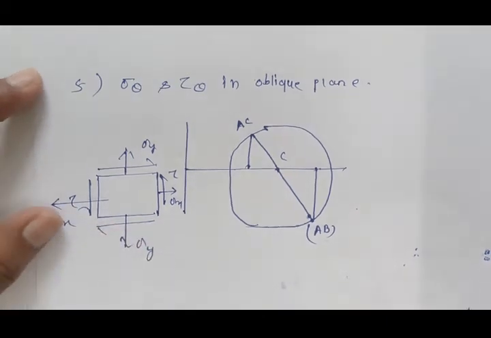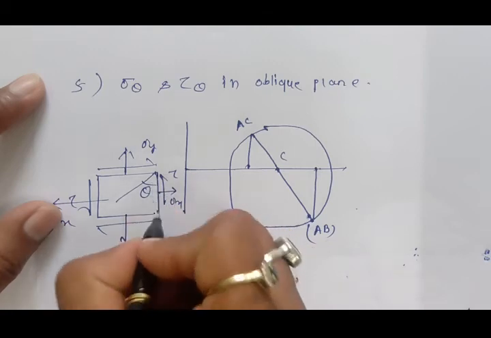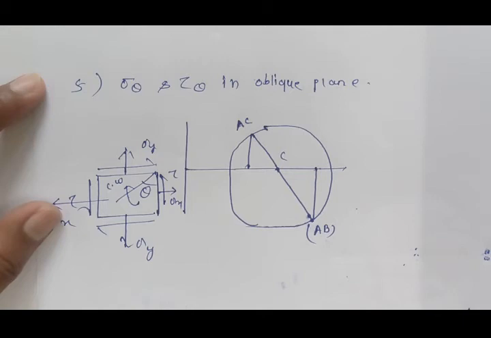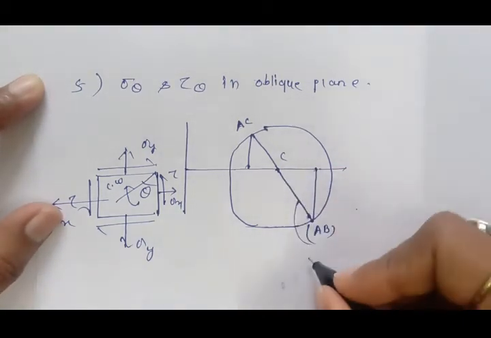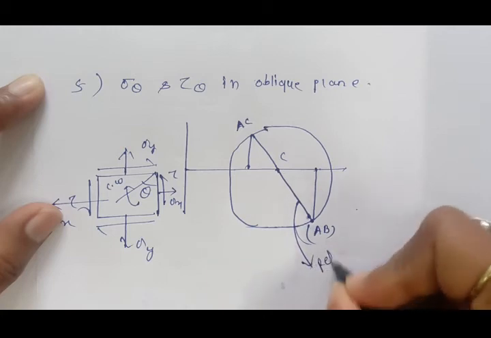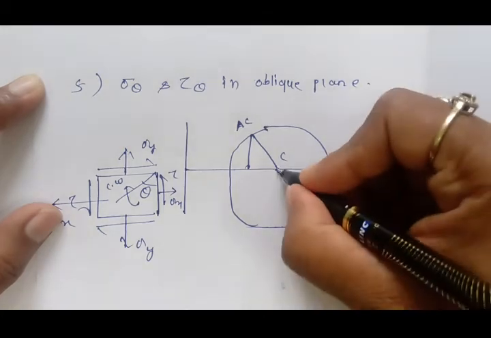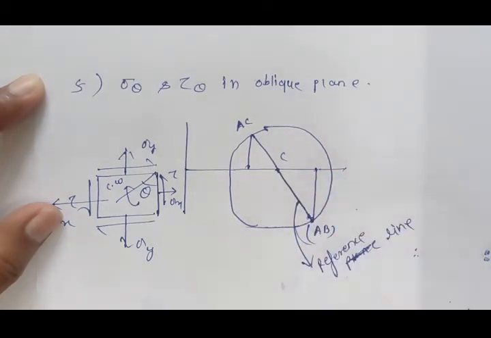So you can see here the angle theta which forms in this element, rotated from this vertical clockwise. Clockwise we are taking as positive. So this is our reference plane, the reference line lying in this plane.